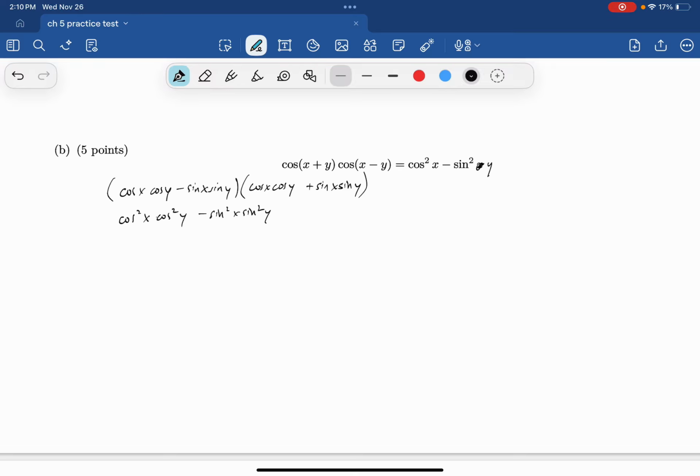Well, clearly we want to get rid of the cosine y, and we want to get rid of the sine x, because those don't appear on the right-hand side. So it's a good idea to make some substitutions here. Okay, so let me indicate that with some colors.